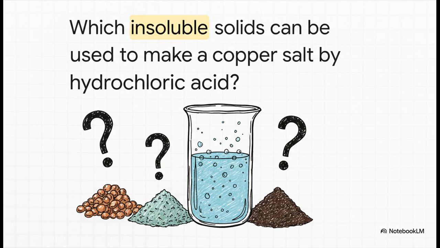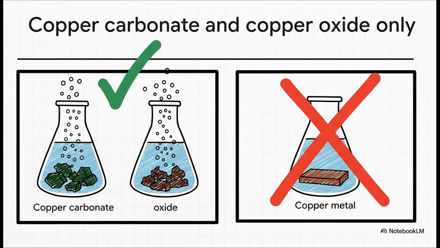Just take a look. Which one feels like the odd one out? And here's why it's such a good question. The mark scheme confirms the right answer is copper carbonate and copper oxide only. The key thing you have to remember is that copper metal itself is just not reactive enough to kick off with dilute hydrochloric acid. Only the base, which is copper oxide, and the carbonate, copper carbonate, are going to do the job here.